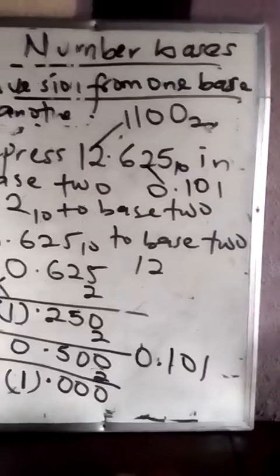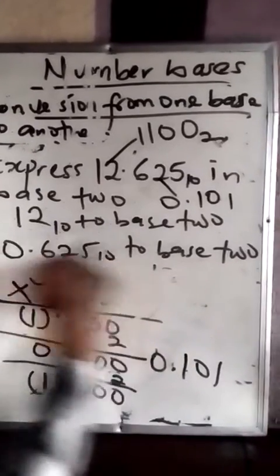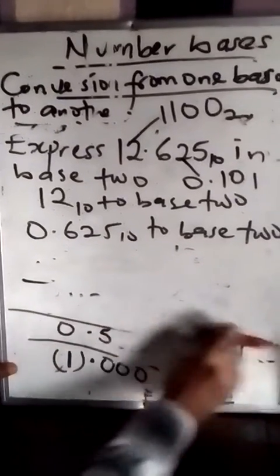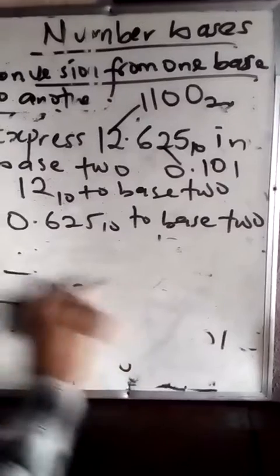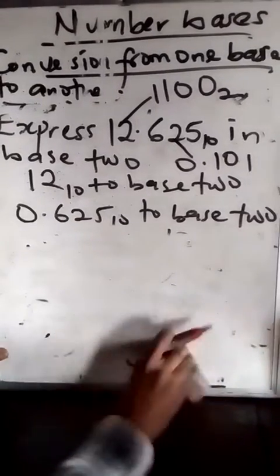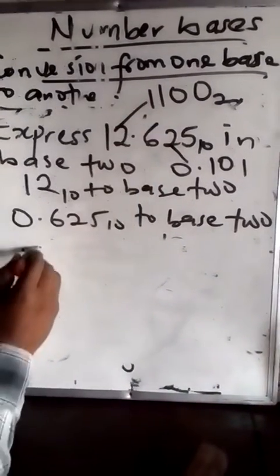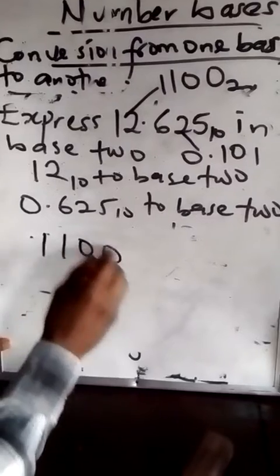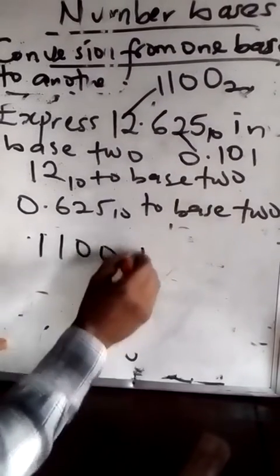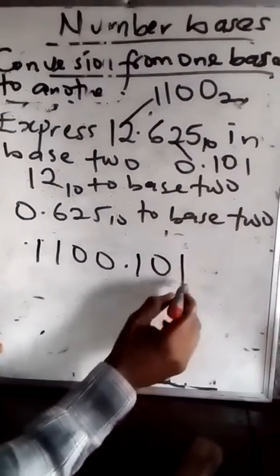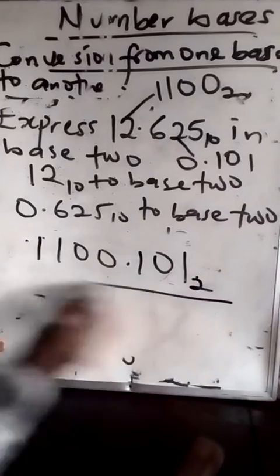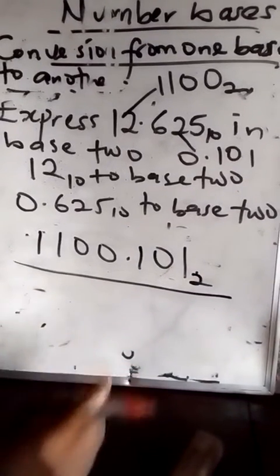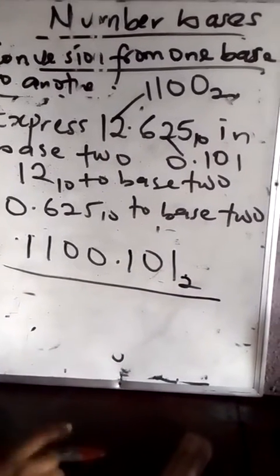So how will you now write the answer? The first one gives us 1100, point 101 base 2. So that's our answer.